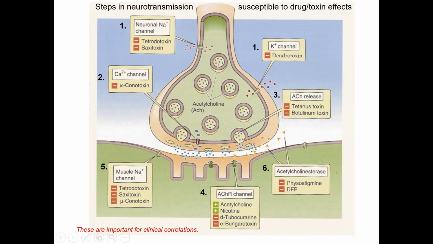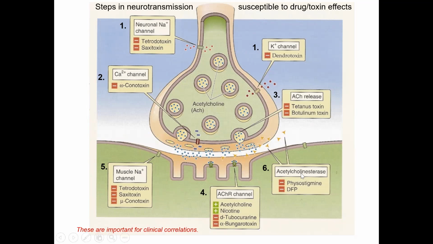The channel remains closed, and therefore sodium cannot move through these channels to produce an end-plate potential. Okay? And therefore the neuromuscular transmission is blocked. And these are antagonists or agonists of acetylcholine for neuromuscular transmission block.